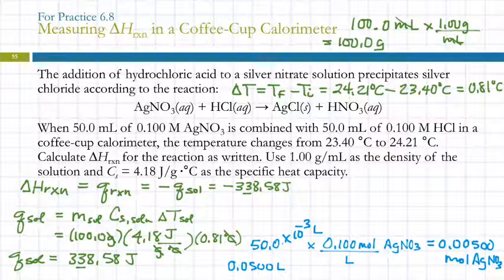So those are equal, so we could use either one because they're the same. So it's that many joules for this many moles. I want to know for 1 mole. So I'm going to divide by the number of moles in the problem. 0.00500 moles.